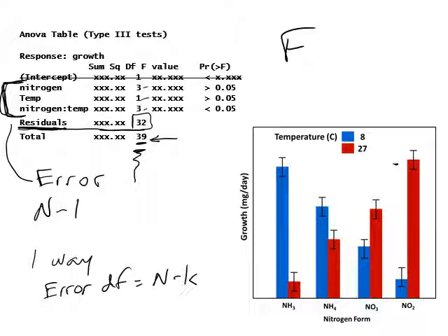So if you were to report, say, the effect of nitrogen in this situation, you would say that it has an F ratio with 3 and 32 degrees of freedom equals some value. I don't have any values written here, right? P greater than 0.05 or whatever the p-value is that comes from R. But just keep track of where those error degrees of freedom come from as you're going through these two-way analyses of variance.